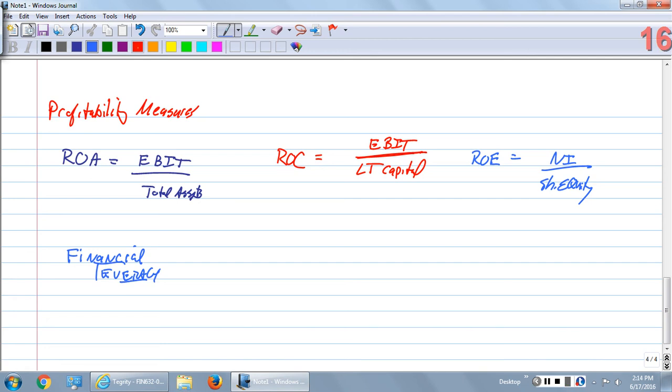Understand that concept. Financial leverage has to do with the use of debt. And when we use debt, we can actually raise our returns through the use of debt. We can raise our returns by using other people's money. We can leverage up our returns. Let me give you a simple little example here.